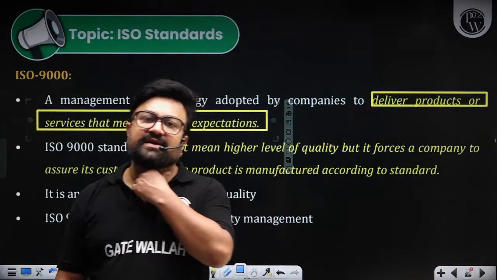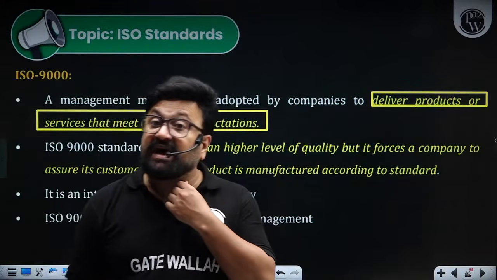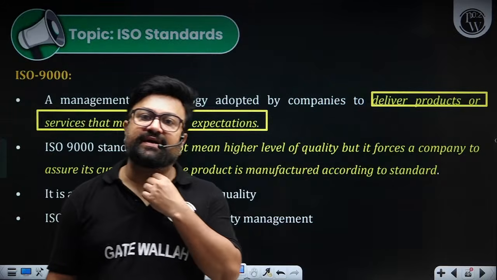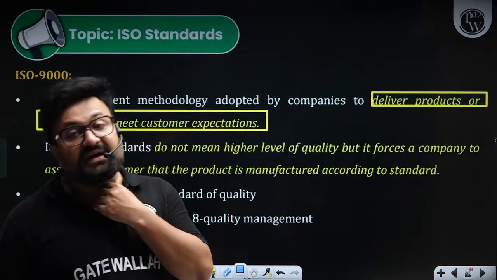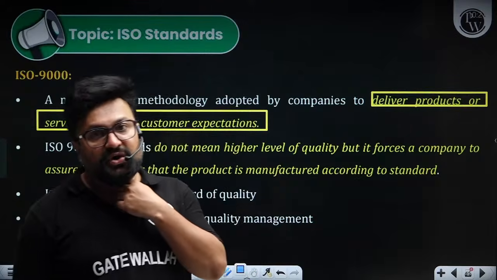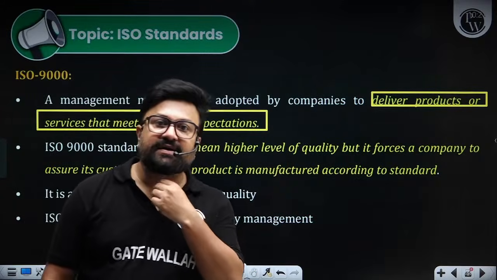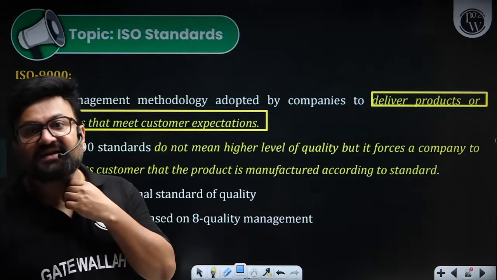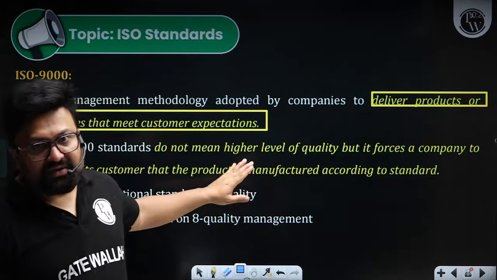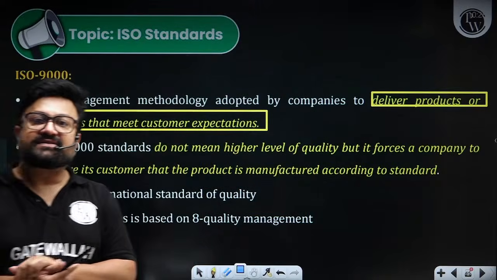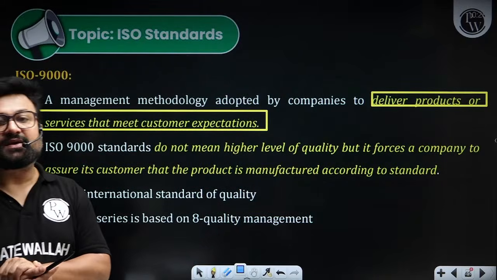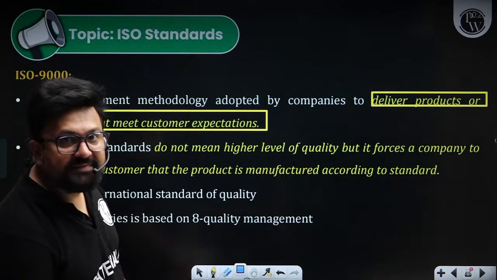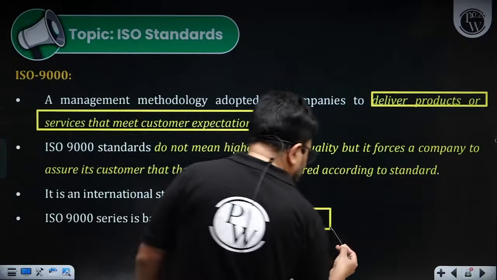ISO 9000 standards do not mean a high level of quality, but they force a company to assure its customer that the product is manufactured according to standard. It is an international standard of quality. ISO 9000 series is based on 8 quality management principles.